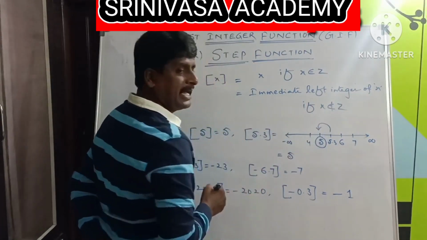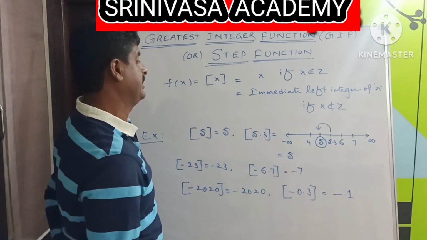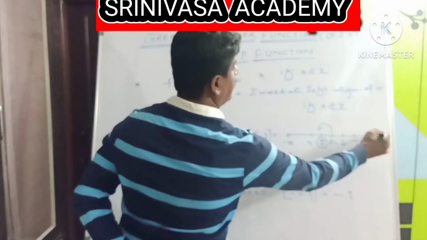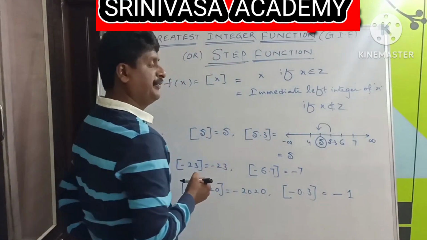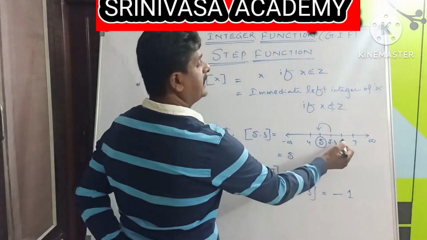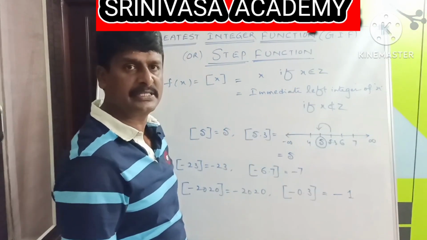Second case says that its immediate left integer is its answer. Its immediate left integer on the real line. Real line minus infinity to plus infinity. Somewhere here 4, 5, 6, 7, 5.3 lies between 5 and 6.